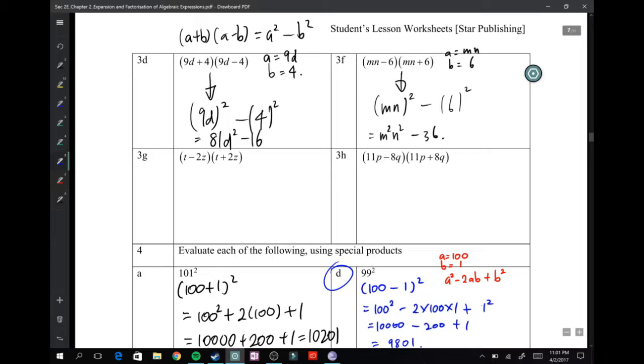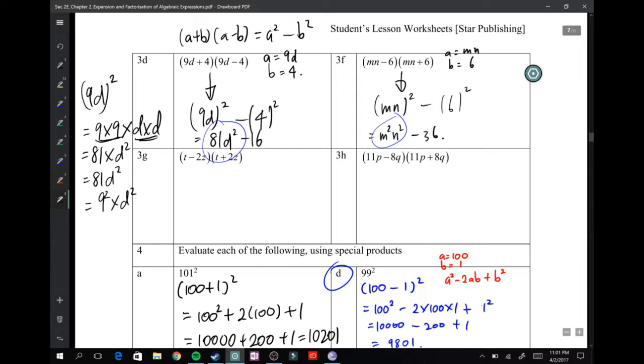If you are confused about this m squared n squared, look at this. 9d the whole thing squared is 9 times 9 times d squared, which gives you 81d squared. Alternatively, you can write it as 9 squared times d squared, which is what we are writing here, m squared n squared.